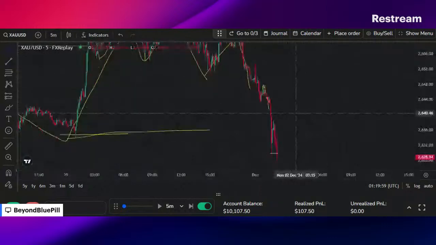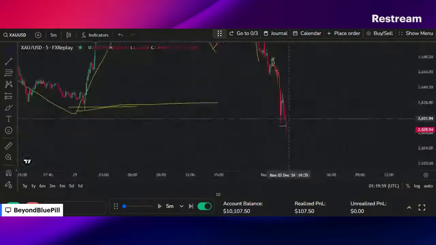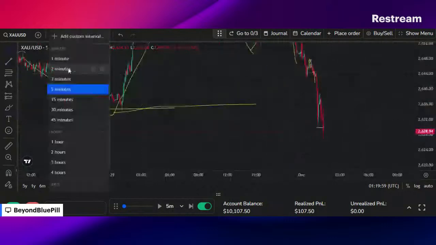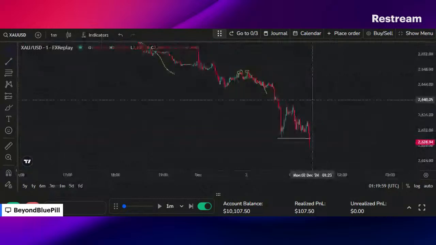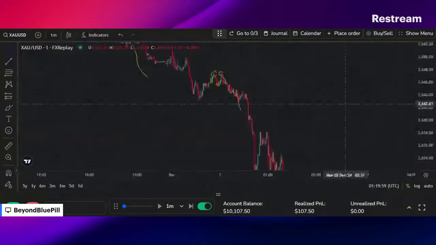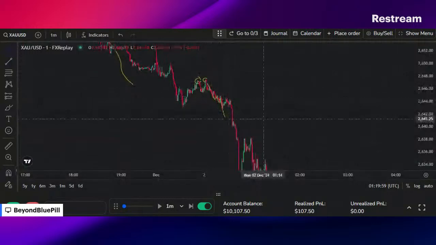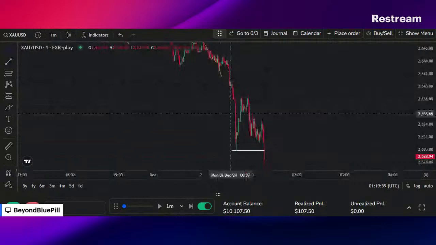Okay, then I know that, expecting price to go lower. On the 1 minute we do have a chance here. One, three.